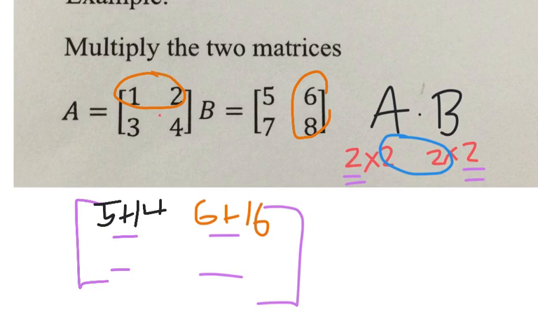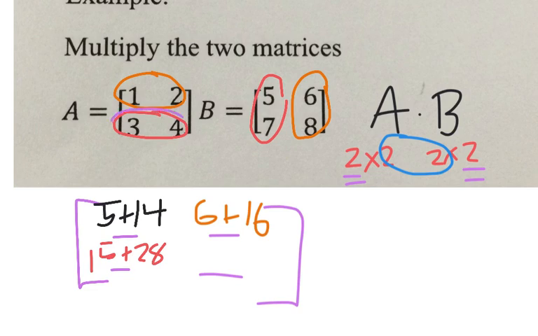Next, I'm going to multiply the second row by the first column. And that's going to go in the second row, first column. 3 times 5 is 15. 4 times 7 is 28.